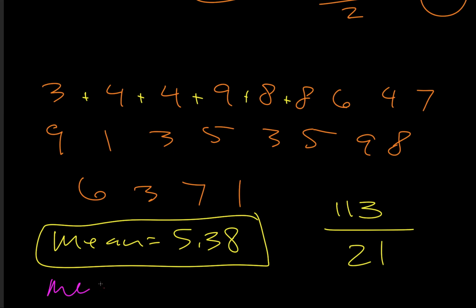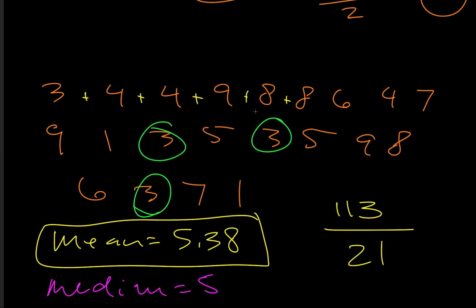Alright, so median equals 5, and now we will look for the mode. There's 2 1s, no 2s, 4 3s, 3 4s, 2 5s, 2 6s, 2 7s, 3 8s, 3 9s.